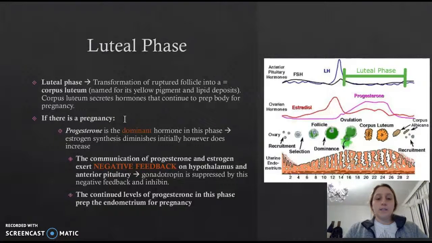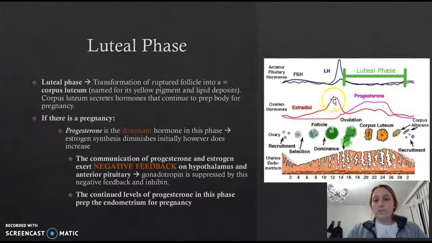If there is a pregnancy and the egg has been fertilized, progesterone is the dominant hormone in this phase. As we can see over here in this picture, where the light purple or pink is elevated during the luteal phase, it is one of the most dominant hormones throughout this phase. Estrogen synthesis diminishes, however, it does increase.